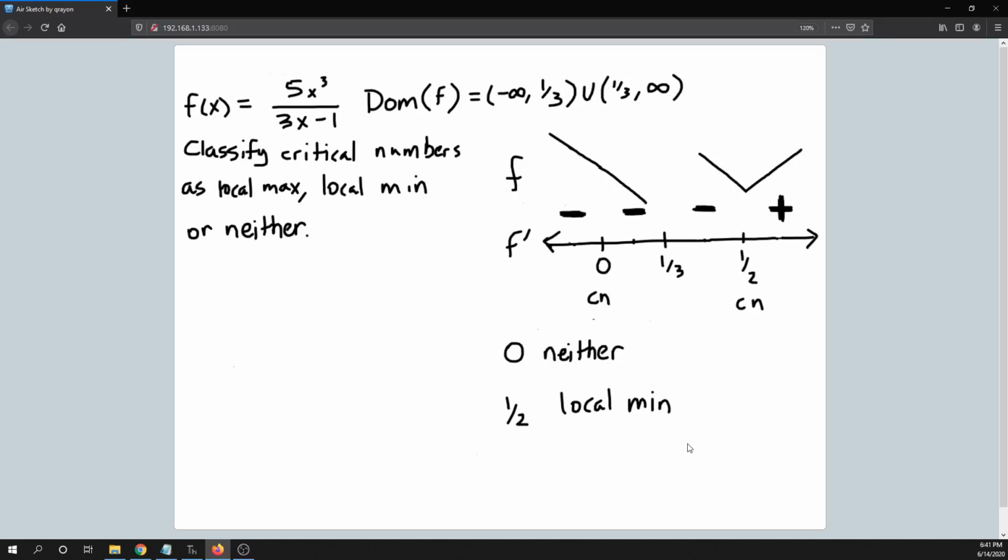When they use that word value in connection with local max or local min, they are asking for the y values of those points, and these are the x values. So if they're asking for the values, you'll need to take this number and plug it back into the original equation to get the y value of the point on the graph corresponding to 1/2. All right, that's it.